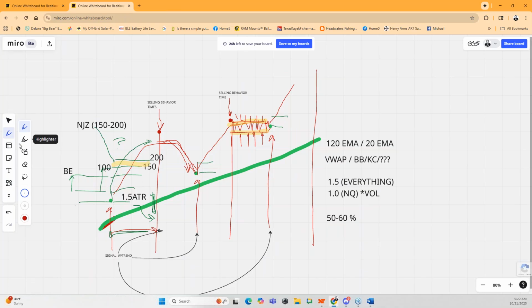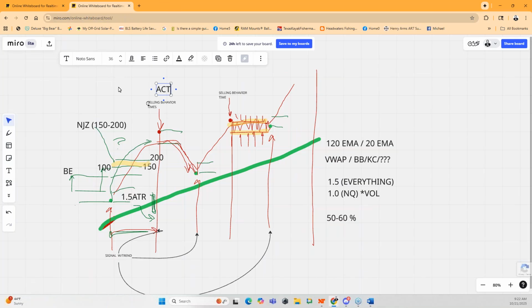Now, when we get to the top, we don't want to use the full big boy stop, big girl stop. This 1.5 to 1 ATR stop is here for trend trading.